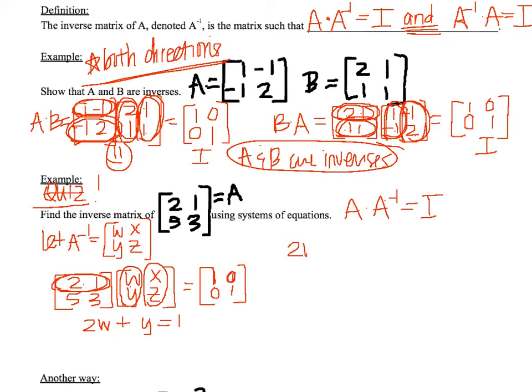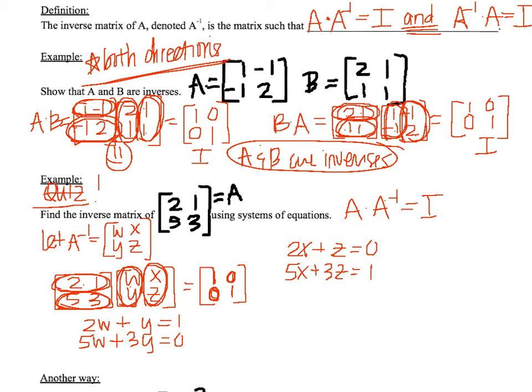So I have 2X plus Z will equal 0. Okay, so I go back and do row 2. Row 2 in column 1 says I have 5W plus 3Y should equal the second row, first column, so that equals 0. And the same thing, 5, 3 and X, Z means 5X plus 3Z. This will equal 1 because it's second row, column 2.